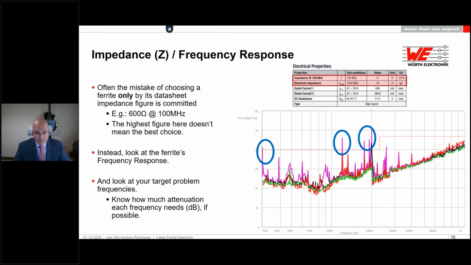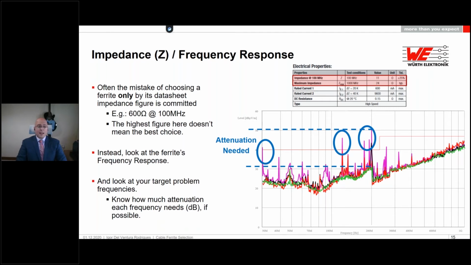It doesn't matter if I have a ferrite that will just attenuate this peak here a lot and it will not do anything to the other ones. I won't pass. So always have this critical thinking and this eagle-eye vision in order to analyze the whole problem and choose the most adequate ferrite in these terms. Okay, so always consider the attenuation that you need.